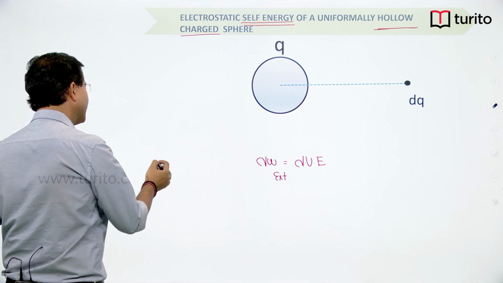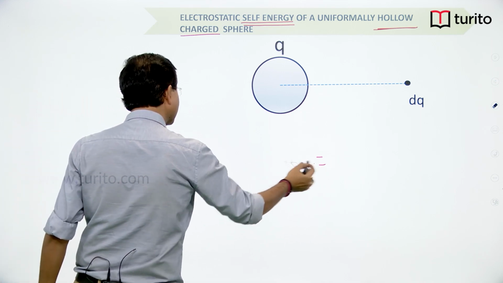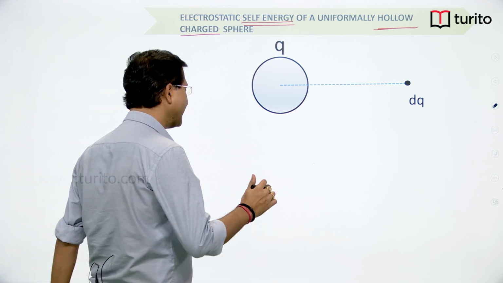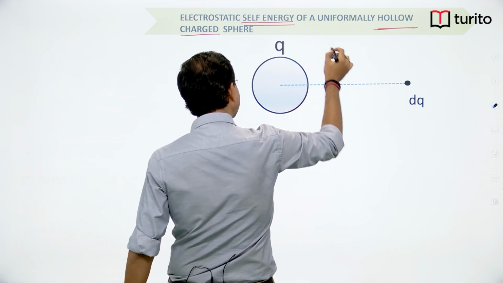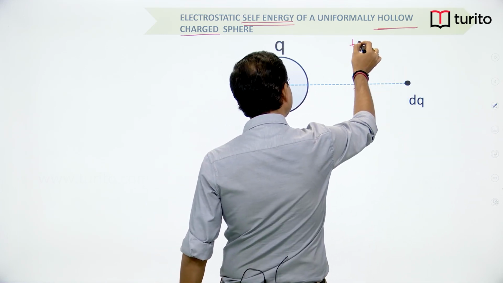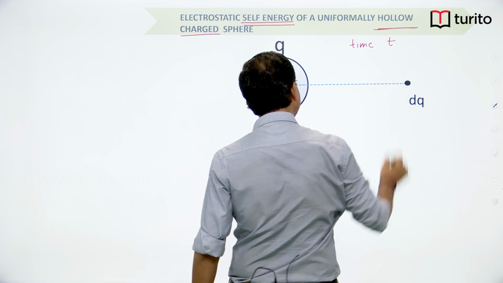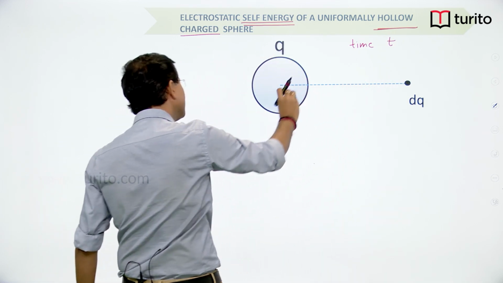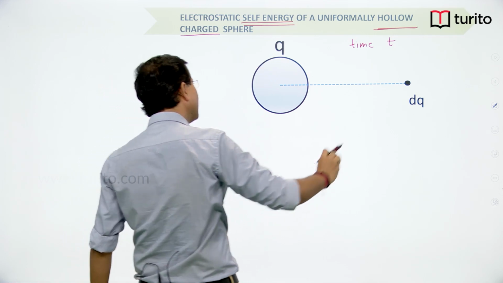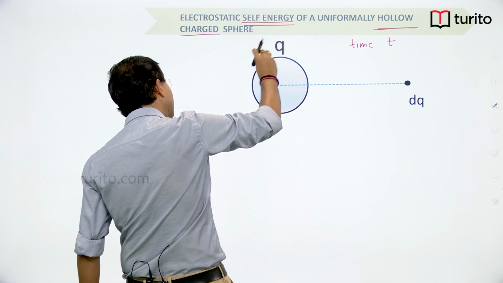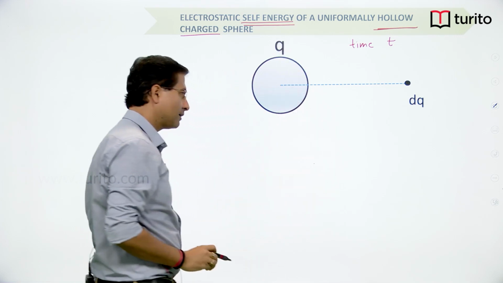So every time I am bringing dq charge, say at time t, I have already distributed a small q charge on the surface. Now I am bringing another dq from infinity and distributing it over the surface, right.